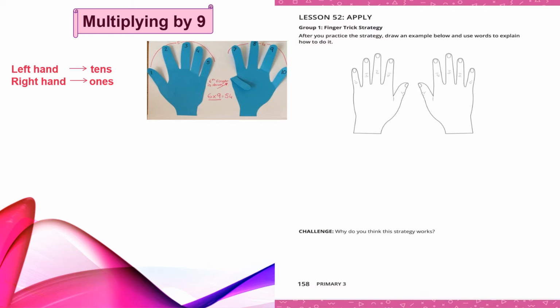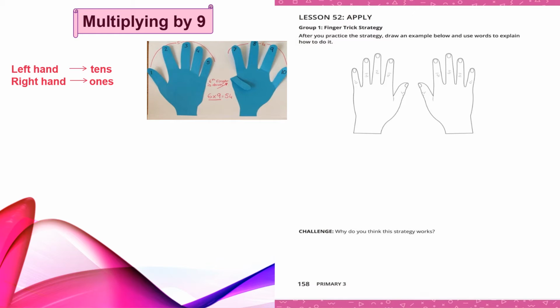So, the fingers on the left side, put it in tens home. So 5 in tens. And the fingers on the right side, 4 in ones. Again, left hand, it means tens.